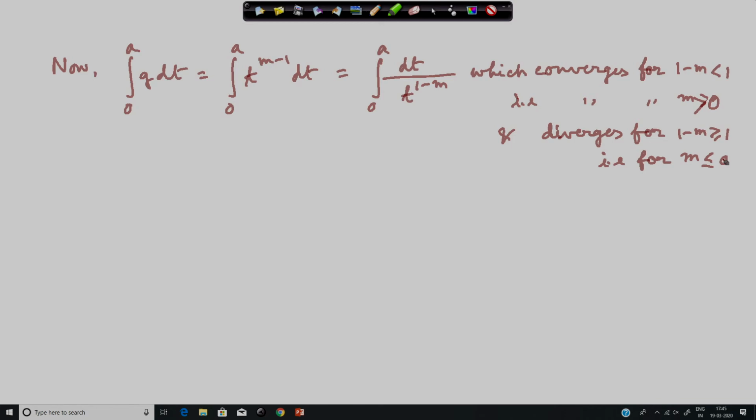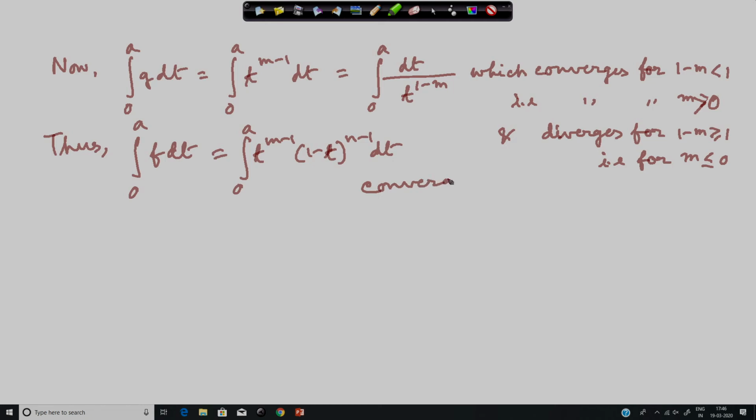Thus the same will be the nature of convergence of integral f dt. So the integral from 0 to a converges for m greater than 0 and diverges for m less than or equal to 0. This is for I1.